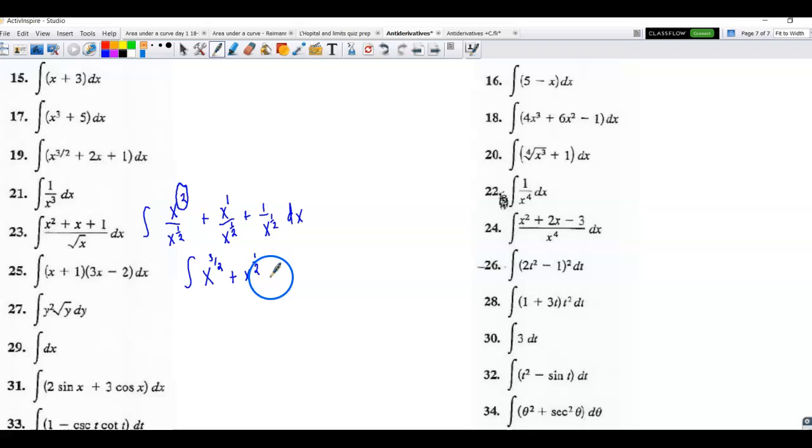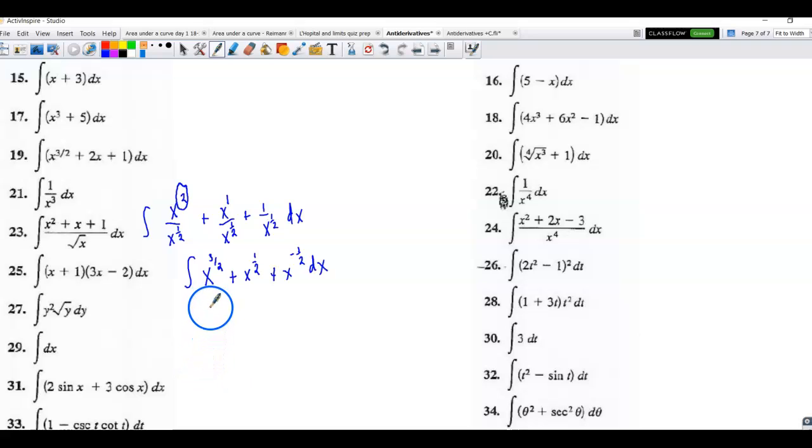And then for the third term, I'm going to bring that x to the 1/2 from the denominator to the numerator, and that'll give me plus x to the negative 1/2 power dx. Still, we're in the rewriting phase, so we did some fraction work, we did some exponent work, so now we're going to find the antiderivative.